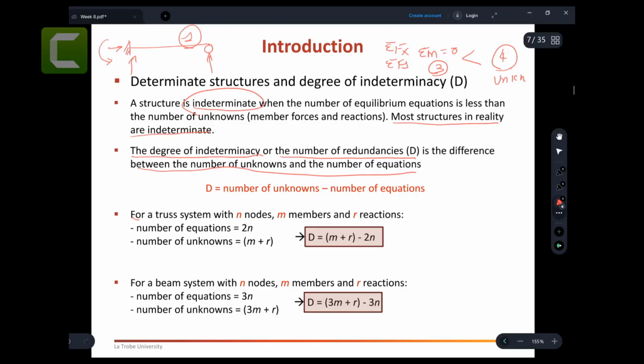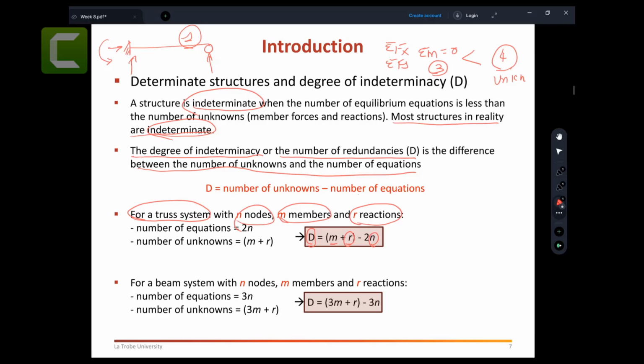So when you are talking about the truss, and if you want to find the degree of indeterminacy for the truss, this is the equation. Degree of indeterminacy D is equal to m plus r minus 2n. m is the number of members, r is the number of reaction forces, and n is the number of nodes or number of joints.